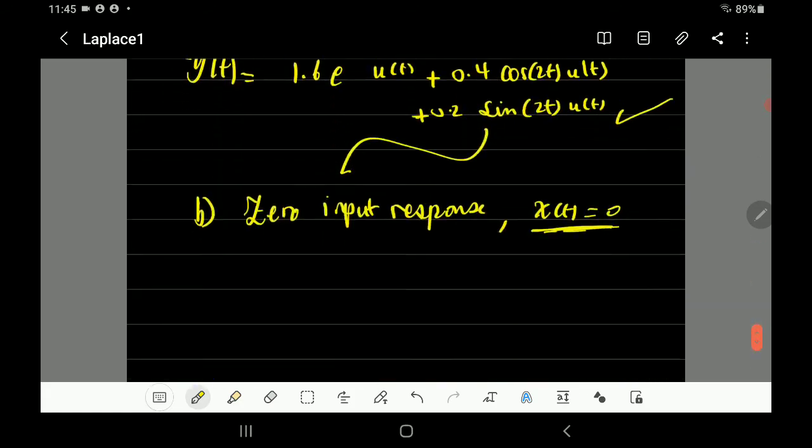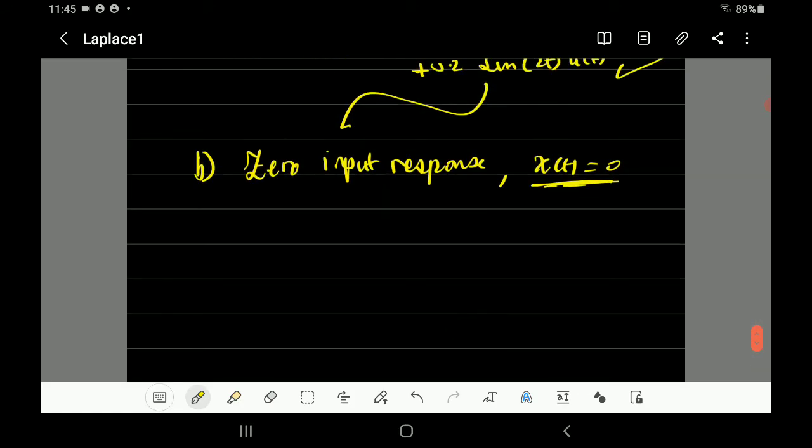Let's write the equation. In this case, you will have sY(s) minus 2 plus 4Y(s) equals 0. That's the zero input.